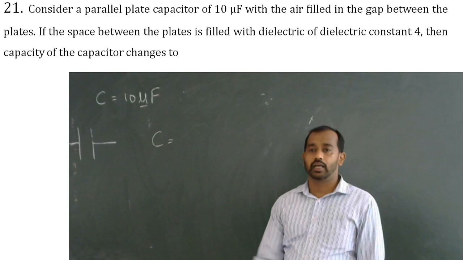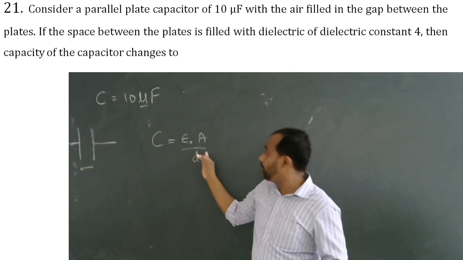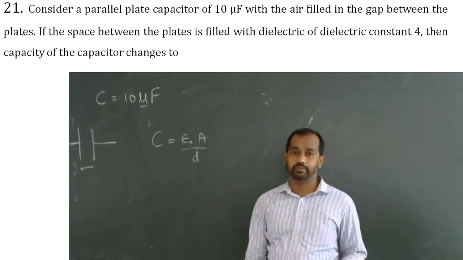How do we write it? It will be equal to epsilon naught A divided by D, where A is the cross-sectional area of each plate and D is the distance of separation.